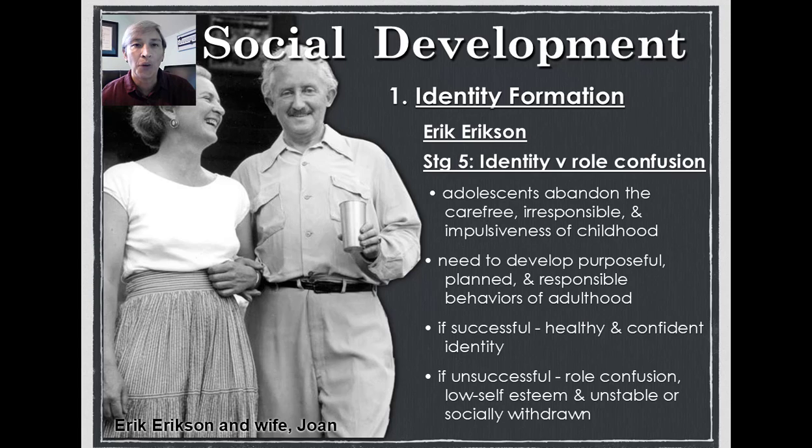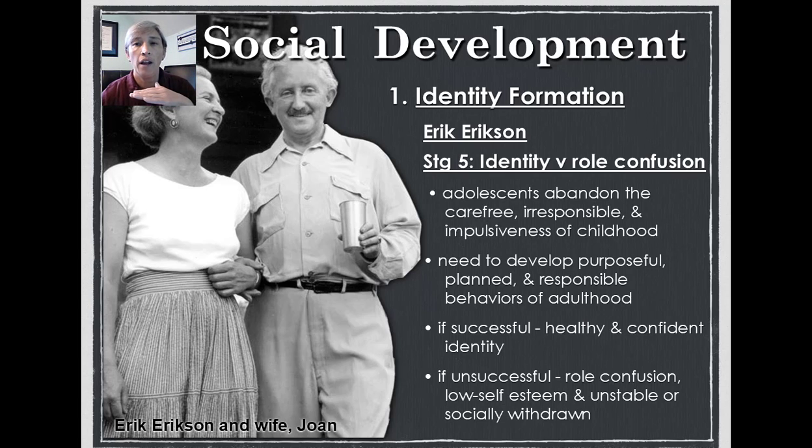What we are doing for sure, according to Erik Erikson and his wife, who theorized with him, is identity formation. And I see this happen all the time in high school in my position. I see most of you when you're sophomores, but I have a lot of students who enter high school in one category, and by the end of high school, they have completely transformed, which is cool. It's the way it's supposed to be.